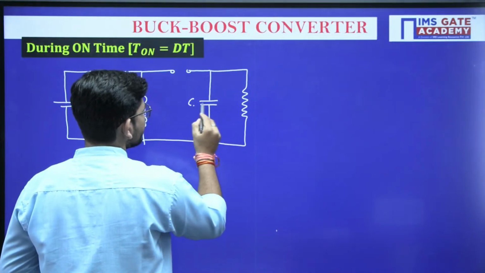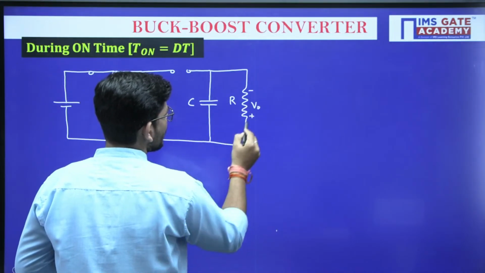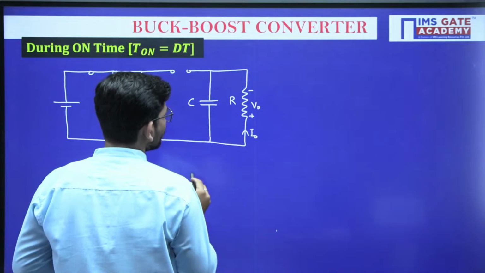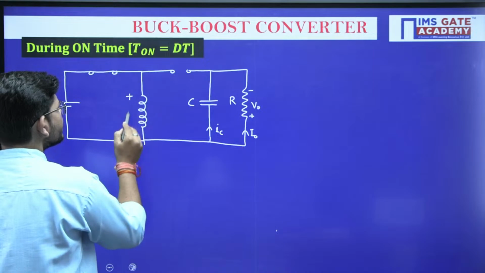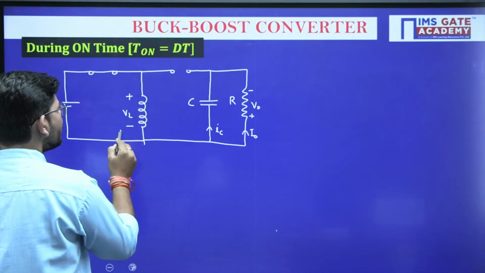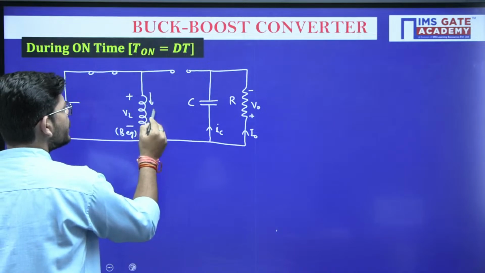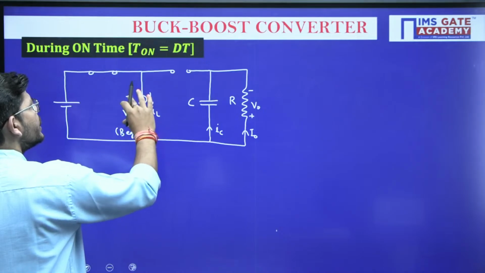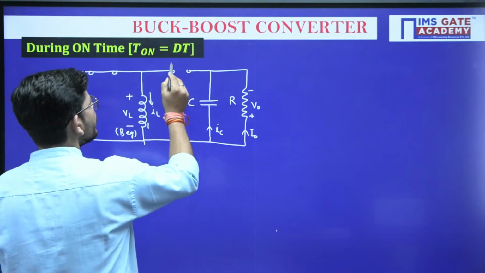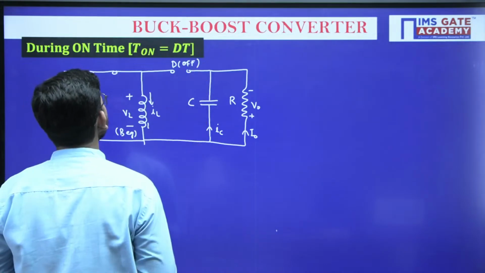This is the condition in which the circuit is operating right now. This is the output voltage, this is the output current, this is the capacitor current. The inductor polarity is this right now, and this is the beginning polarity of the inductor. The inductor current right now is flowing in this direction, and you can see this polarity of inductor voltage is keeping this diode in off position as well. So the diode is right now off.